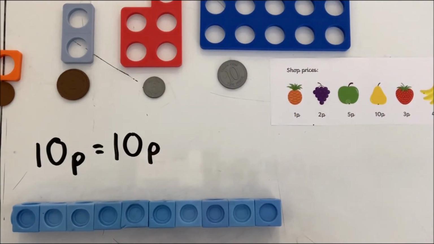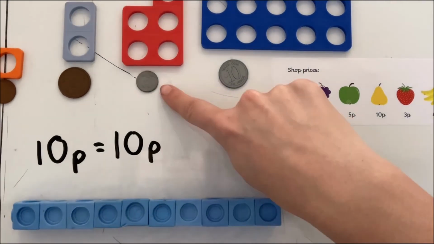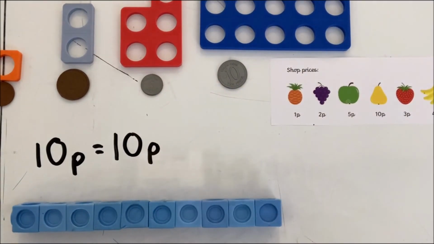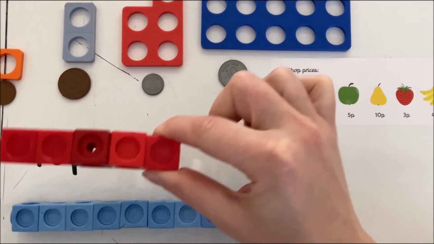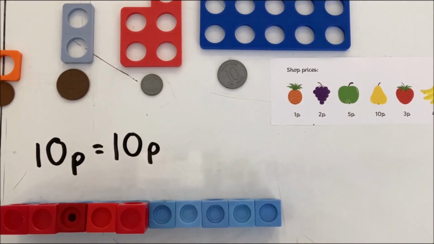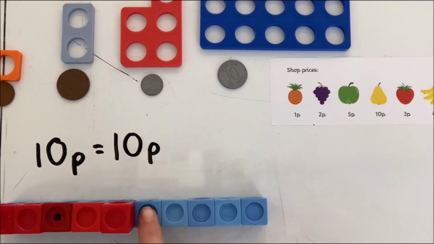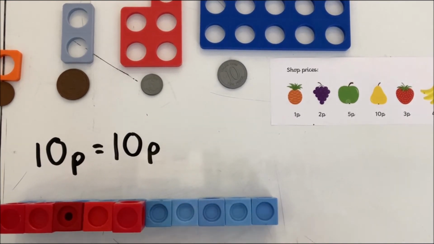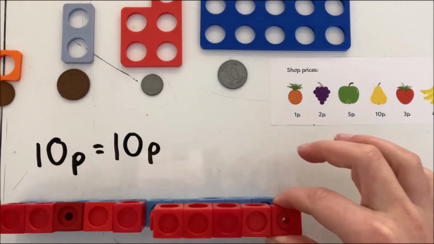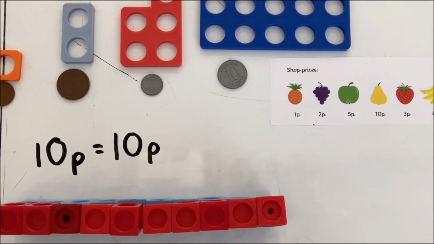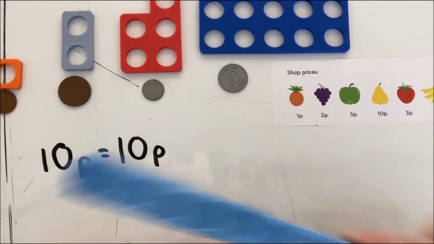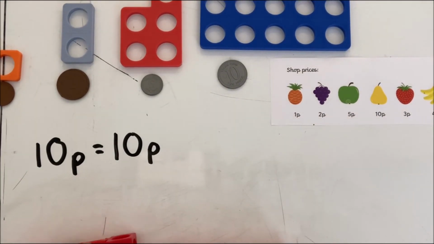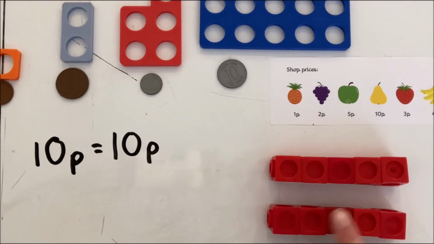Right, let me think of a different way. I've got 5p's I could use. Here's a 5p. Let me see if this will fit in my 10p. Yes, but I've still got some of the 10p that I haven't used yet. Let me see if another 5p would work. Perfect fit. So instead of using a 10p, I can now use a 5p, add a 5p.